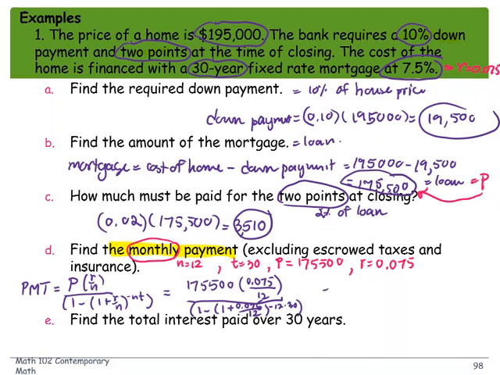Now I'm going to go to the calculator screen and show you how to calculate the number as the monthly payment. Usually we round to the nearest dollar for the monthly payment.